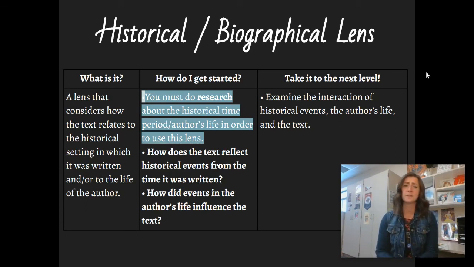How do the events reflect the author's life and experience? Did they go through something similar? Are they modeling a character after themselves? And then taking it to the next level, we might consider how those two ideas interact. Can we consider historical time period and the life of the author to really see a true picture of what's happening in the text?